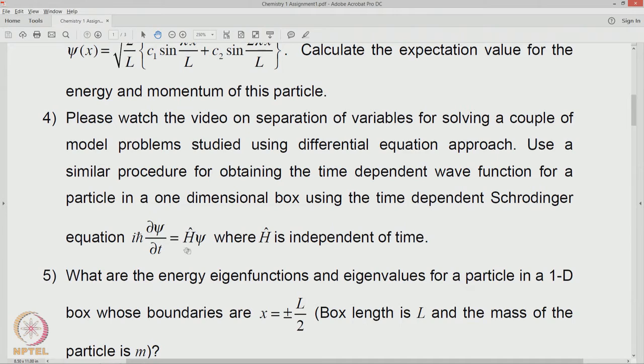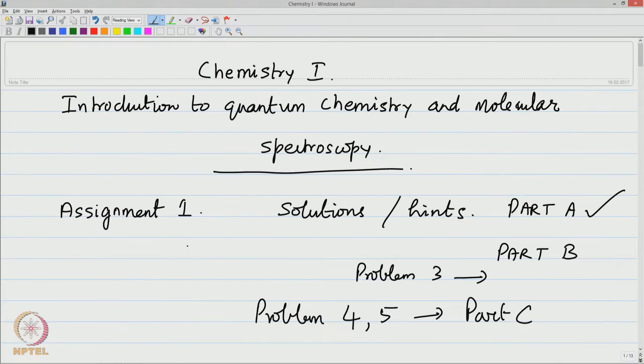The Hamiltonian that you have to use, H psi equal to E psi, is actually the particle in a box Hamiltonian. So, I think the solution for this problem is immediate.